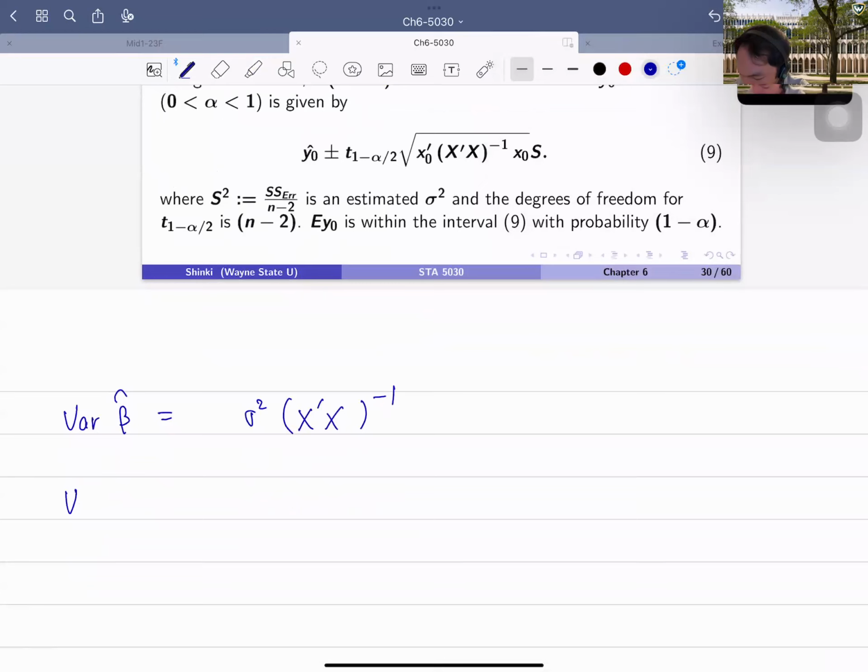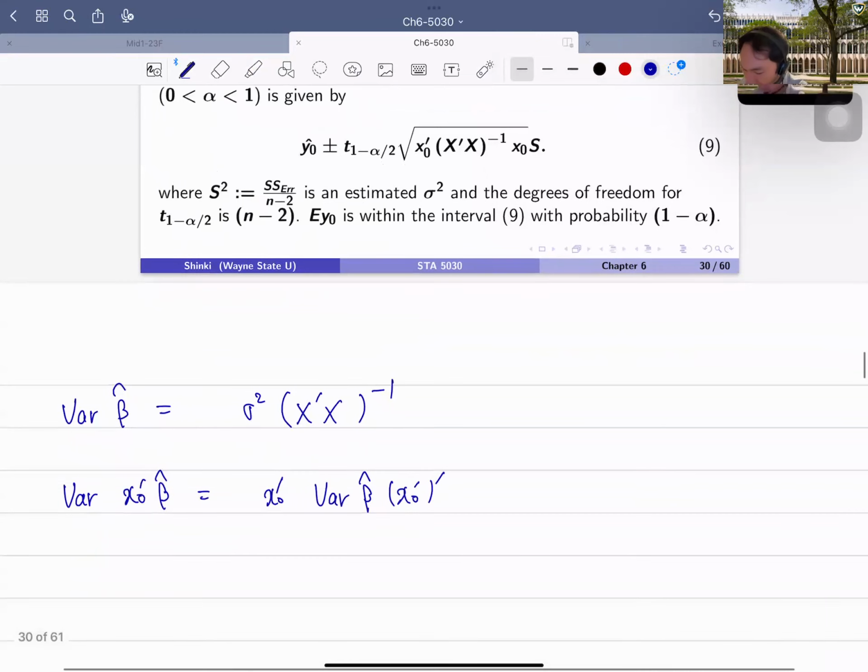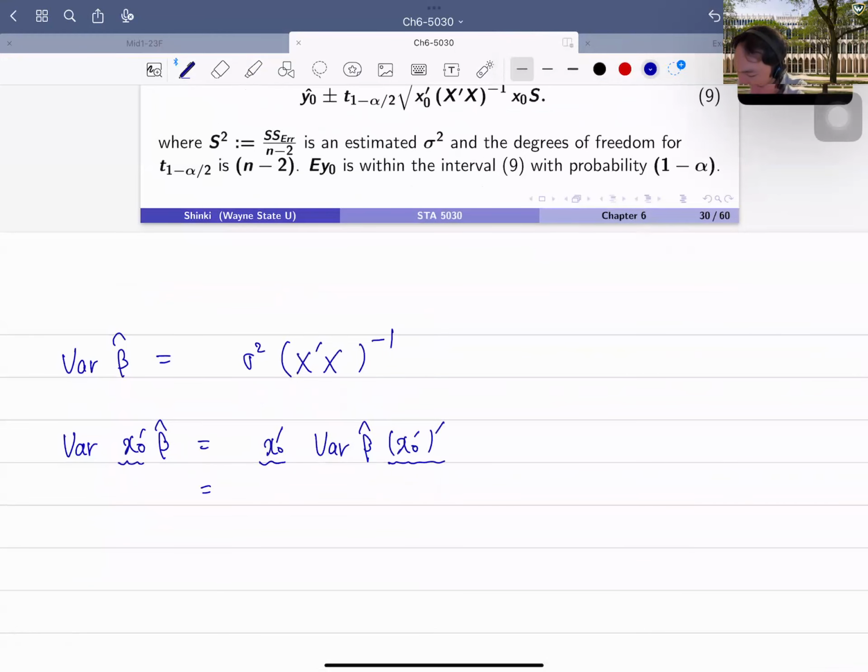In general, it is X naught transpose times the variance of beta hat times X naught. So generally, if we have some vector, the vector comes here and the transpose of the vector comes here. So this becomes X naught transpose times sigma squared times X prime X inverse times X naught.